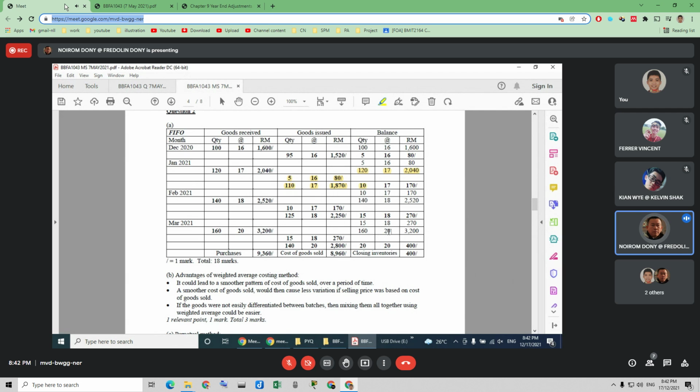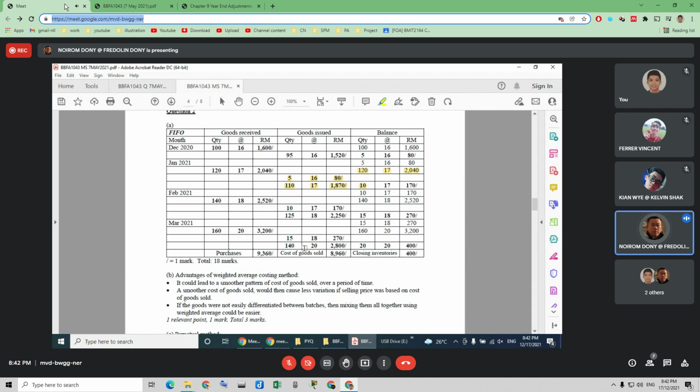So in March we need to issue 155. So meaning we have to issue the first batch all of this 15, with this cost price 18, so 270. But it's not enough. 155 you minus 15, so you still need 140 more. This one comes from the second batch with the cost price 20.